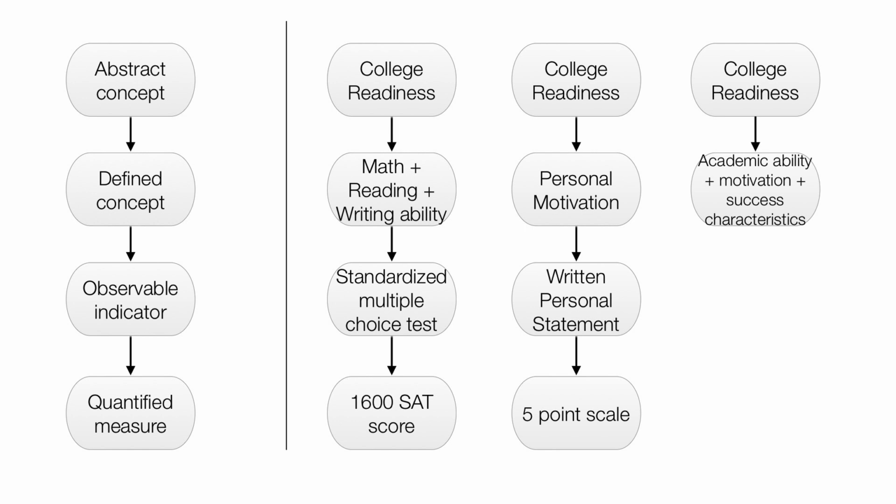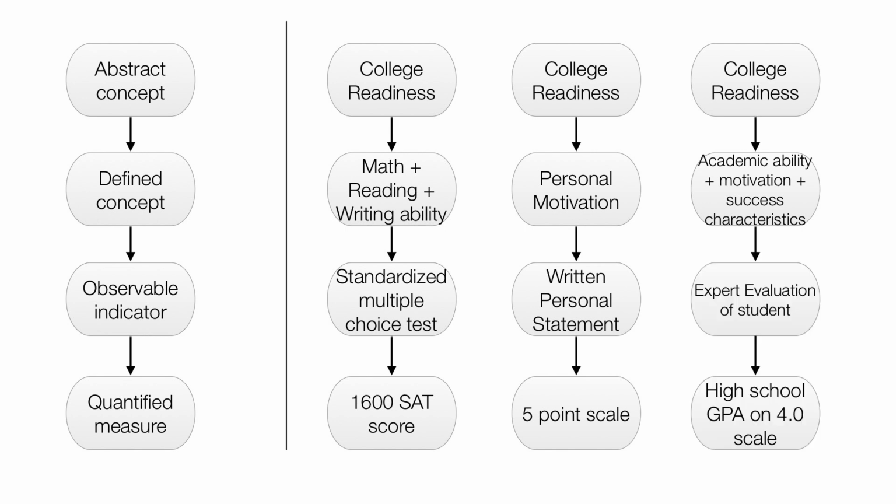Maybe we want to look at multiple experts' evaluation of a person's ability to succeed. So our observable measure in this case might be the assessment made by teachers the student has already had, presumably in high school. The quantitative indicator from that would then be an average GPA, or the cumulative GPA of students in high school, based on a 4.0 scale.